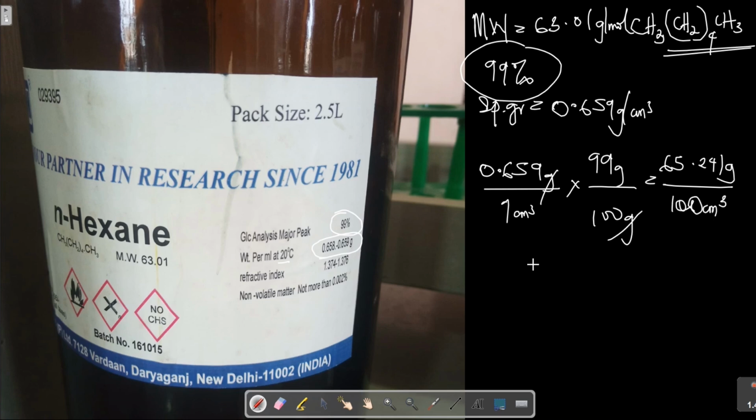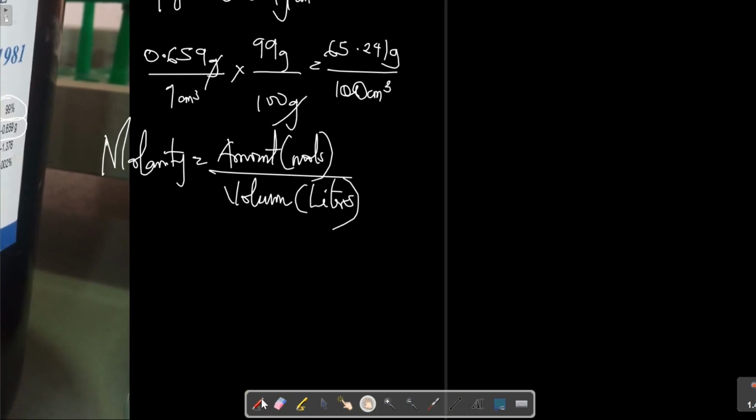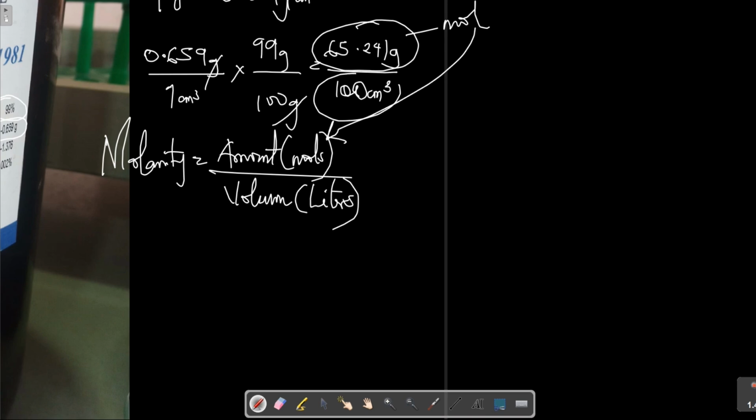All right, so you go over to molarity, where molarity is amount in moles over volume of solution in liters. We convert these grams of the acid to mole so that we can substitute into our equation, and then we convert cm cube to liters.